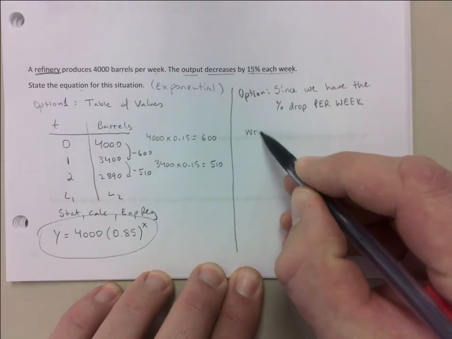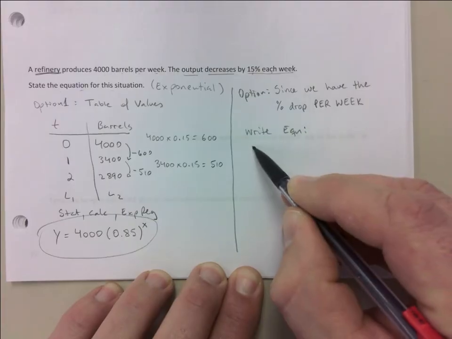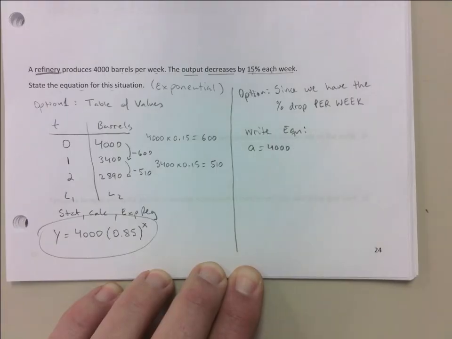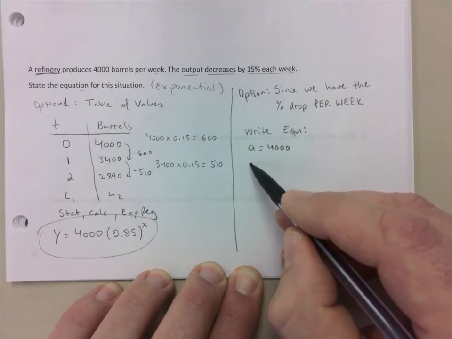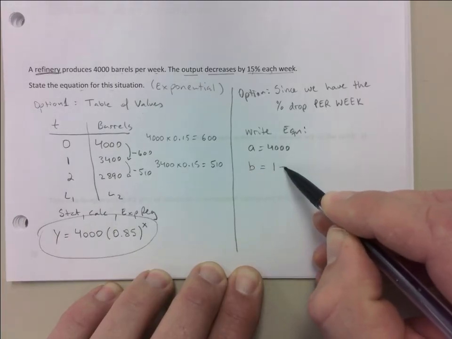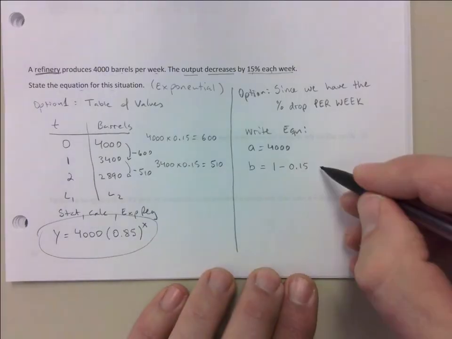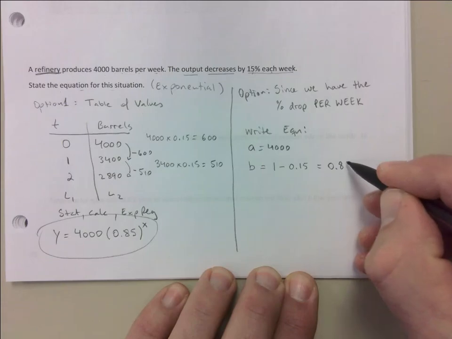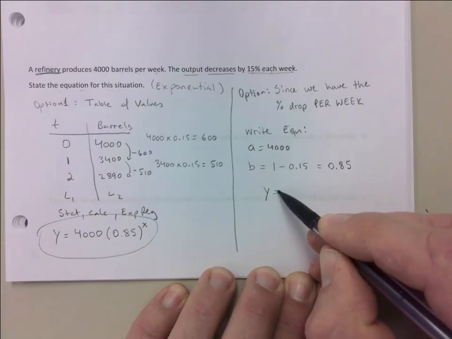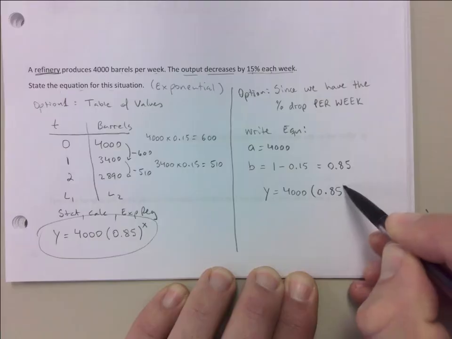Just write the equation. We know that A is equal to 4,000. We know that B is 1 minus 15%, which is 0.15. That's 0.85. And then you just go ahead and write it. It's 4,000 times 0.85 to the x.